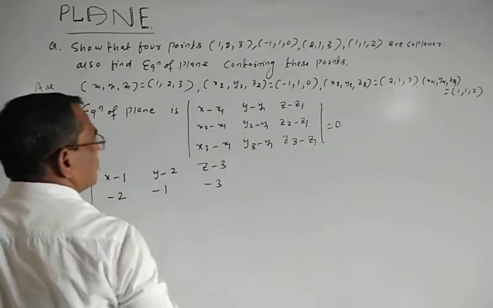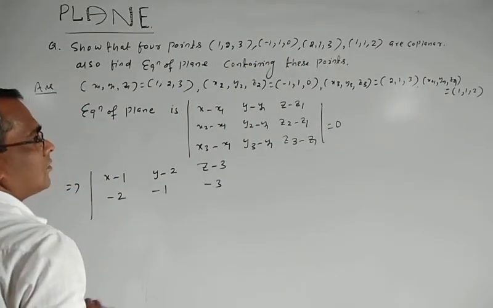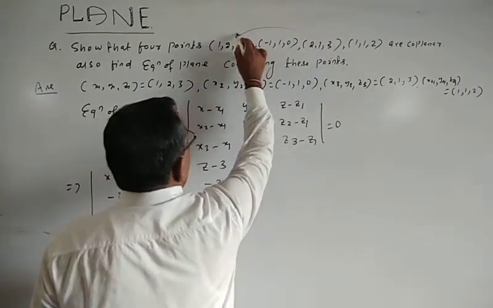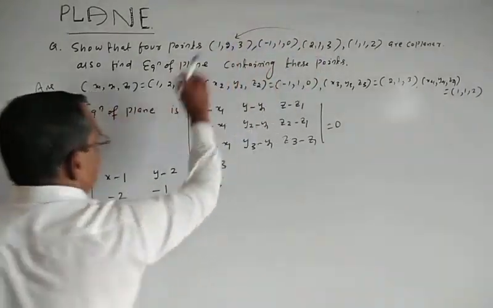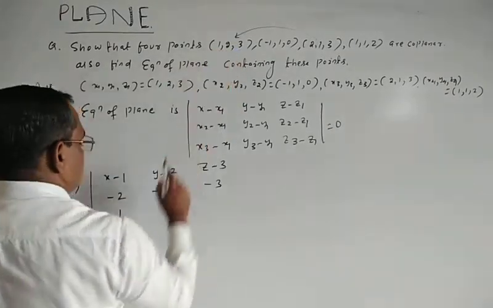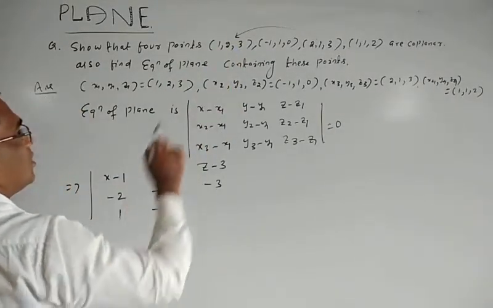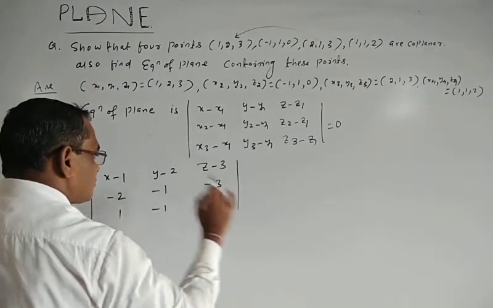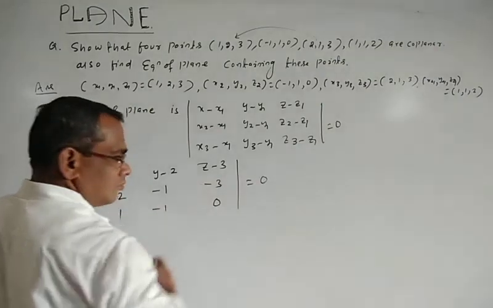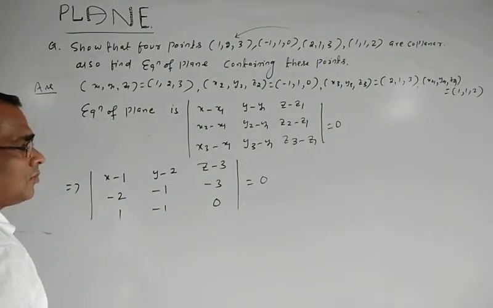Then third point minus first point: 2 minus 1, 1 minus 2, 3 minus 3. So this is equal to 0, because we find the equation of the plane.